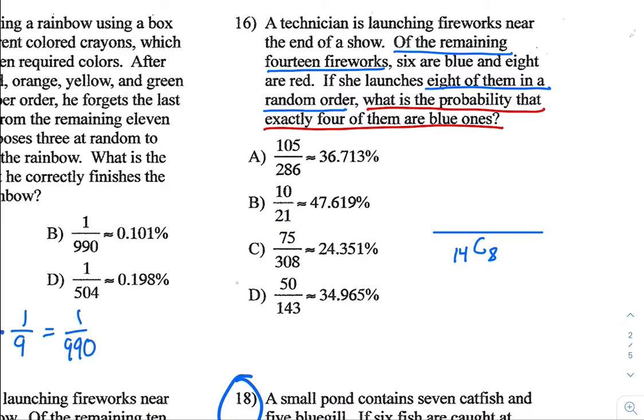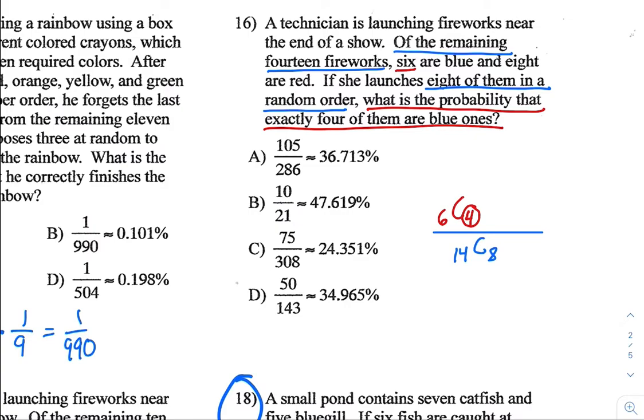What is the probability that exactly 4 of them are blue ones? The goal is to figure out the probability of picking 4 blue ones. First, consider how many blues there are in total. There's 6, and out of the 6 blue ones, you want to choose exactly 4 of them. Now, 8 fireworks got launched, and you want exactly 4 blue fireworks.